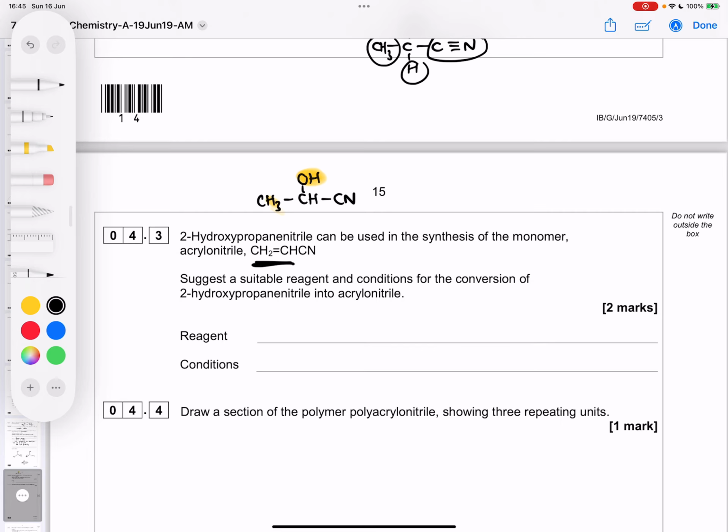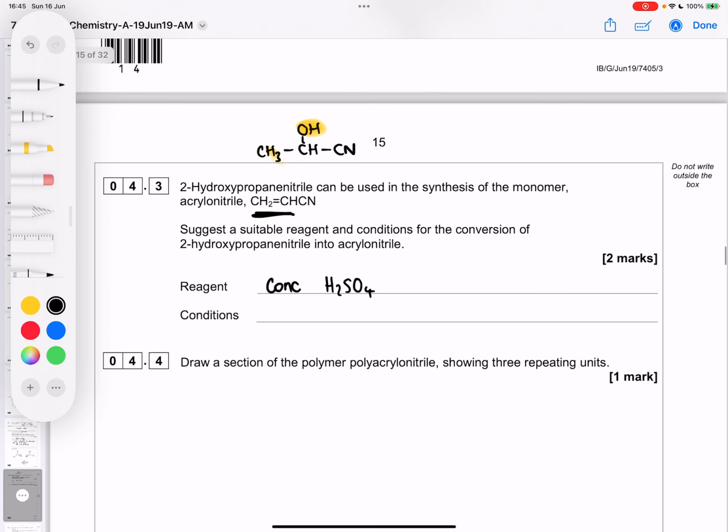So we're eliminating from an alcohol, and so the elimination from an alcohol needs a concentrated catalyst. So concentrated sulfuric or concentrated phosphoric are often used, and it needs to be hot. It needs to be very hot, high temperature, so you may say reflux or heat or high temperature or hot. I'm going to write reflux, but you might have written high temperature.